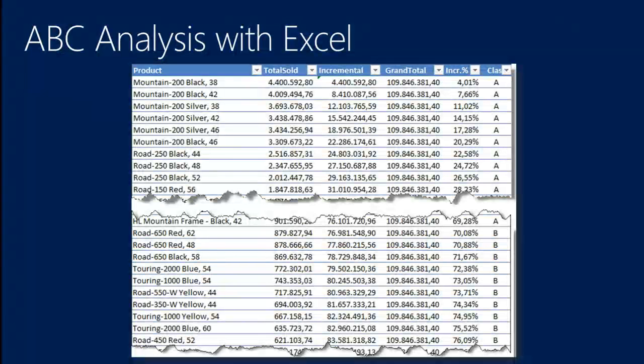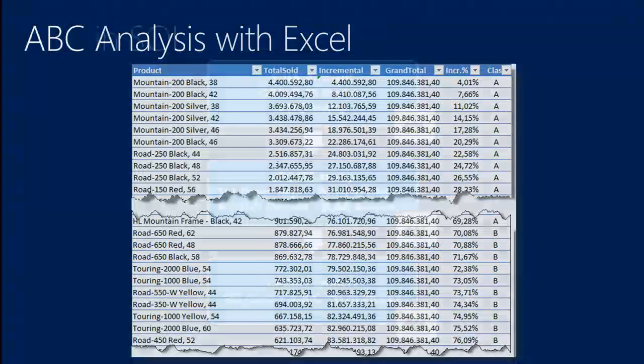Once you have a table like this, computing the ABC cluster is very, very easy, because until this number reaches 70, you are in class A. When you exceed 70, it means that 70% of the sales are in the products above, and the ones below are less than the 70%. So you use 70, 90 in order to divide your clusters and compute everything. That is Excel. It's not Analysis Services.